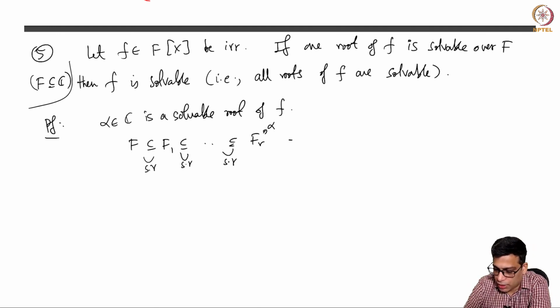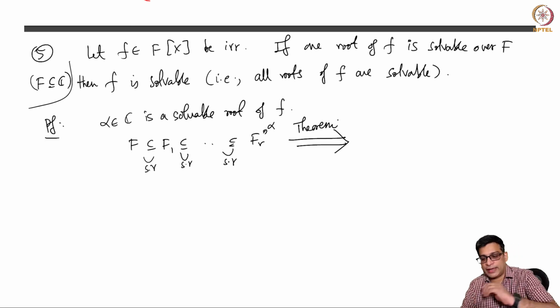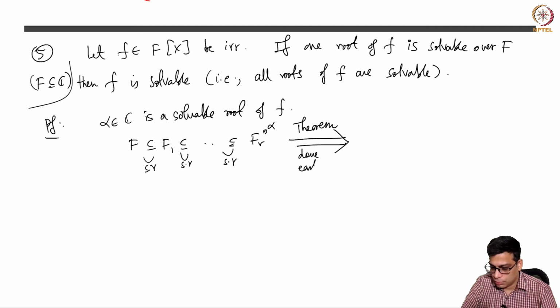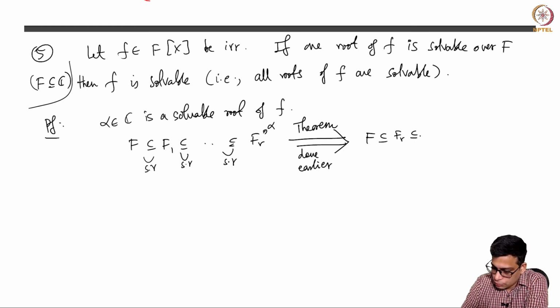But now using a theorem that we proved about extending a radical extension to a Galois extension. Given a radical extension, you can enlarge the field to get a Galois extension which is radical. So you can extend to some L such that this is radical plus Galois.